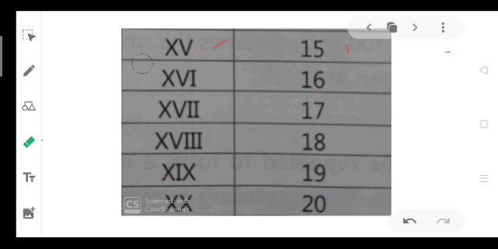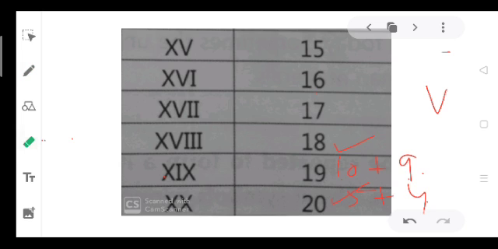19, again we are not having a symbol, but firstly break it up. Write in expanded form, 10 plus 9. For 10 we are having the symbol. 9 is made up of 5 plus 4. For 5 we are having the symbol. And for 4, we can't write 4 times I. So what else can we use? Firstly we will write 5, V, and on the left side I. No, what am I telling you here?